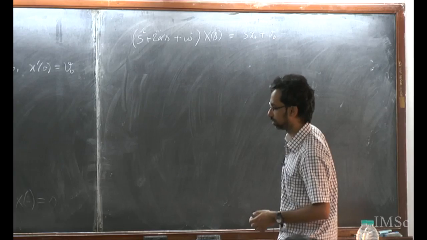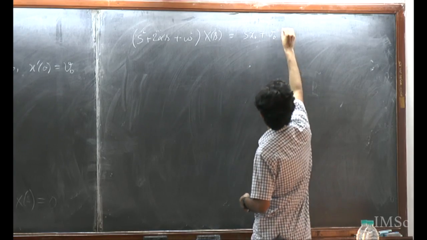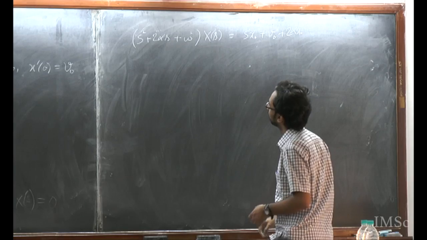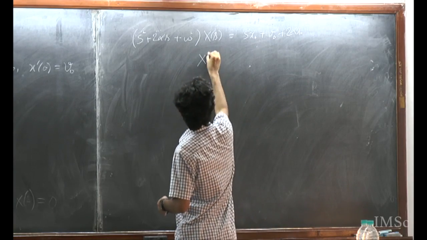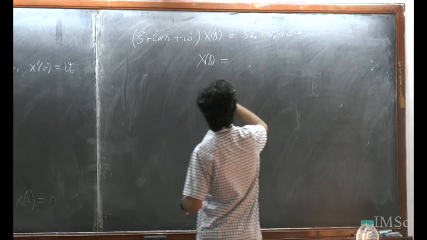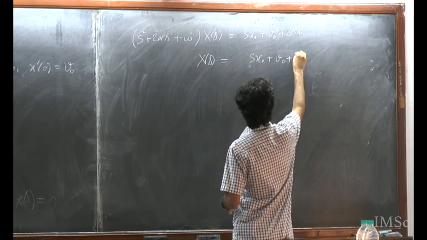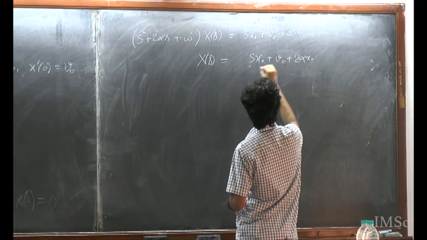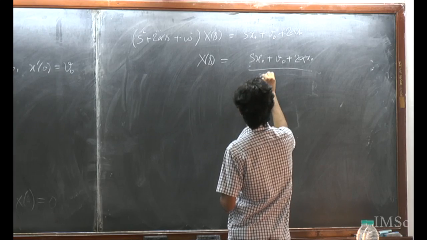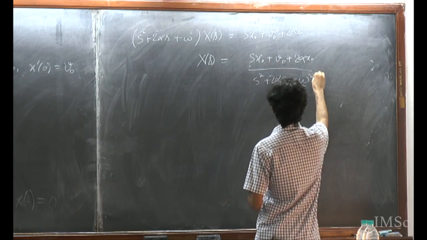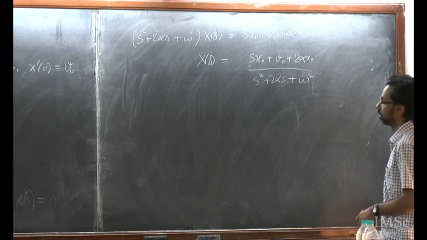Are there any other terms? Plus 2 alpha x naught. Right? So Xs equals s x naught plus v naught plus 2 alpha x naught over s square plus 2 alpha s plus omega squared.